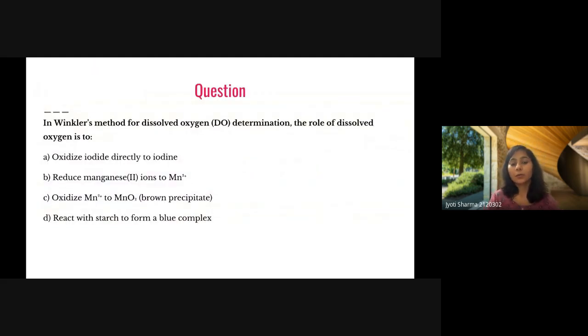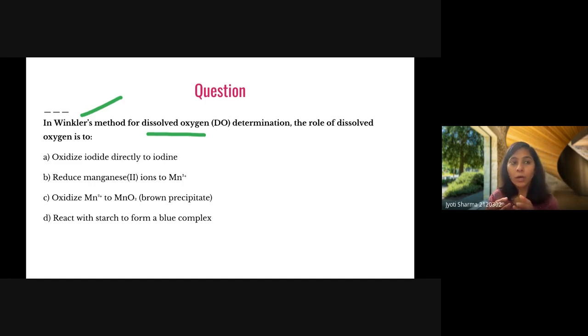Okay, because we are talking about parameters and different methods that we can use for the determination. So for example, if you want to determine the dissolved oxygen in your water, then we do use one method that is known as the Winkler method. And here the role of dissolved oxygen is 2.